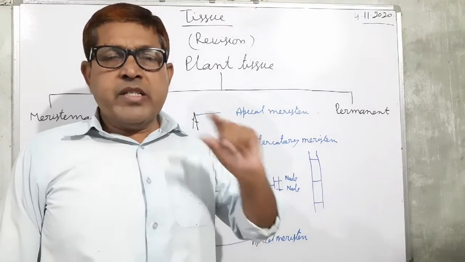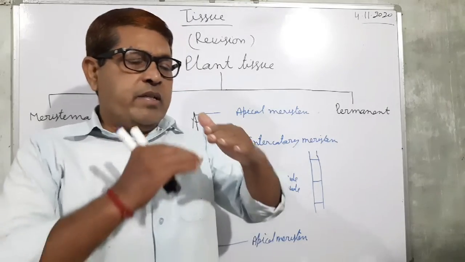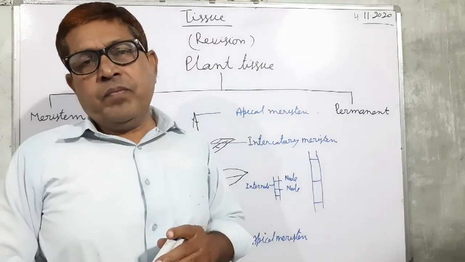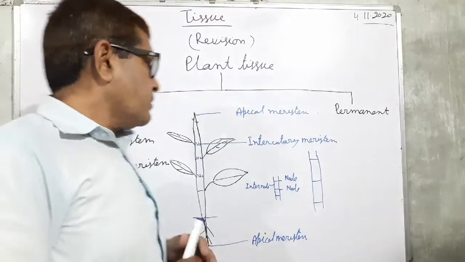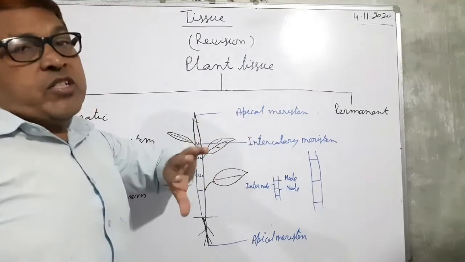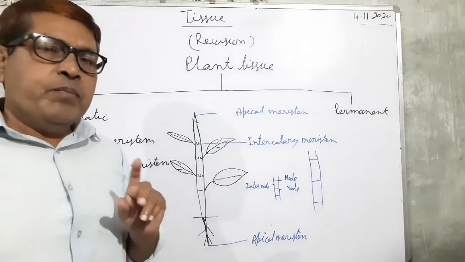It is small initially, and after some time its internodes increase, so the length of the plant increases. So apical meristem and intercalary meristem, both are responsible for the increase in the length of the plant.